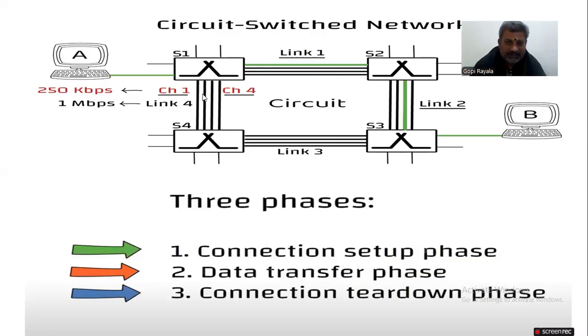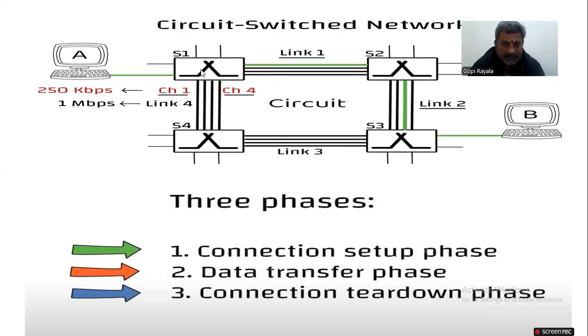Let us say that is S1. What S1 will do is try to communicate with the other switch which is present somewhere else. And S2 will connect to S3, and S3 will communicate to the terminal who is sitting in Hyderabad. And now I will get a message: boss, you can speak.